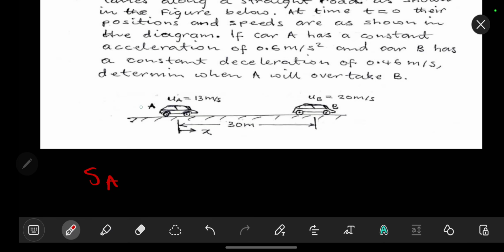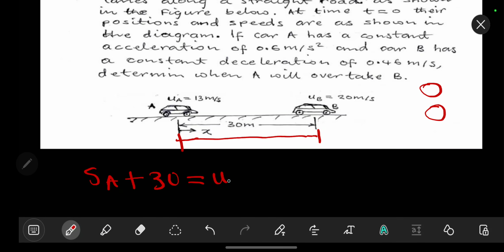Now the point at which car A overtakes car B, it means they have to be at the same position. So we are going to add a 30 to car A so that it covers this separating distance first, which should be equal to UAt, we have ut plus half at squared.